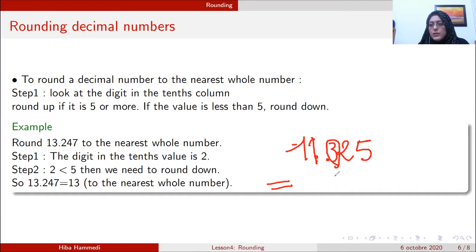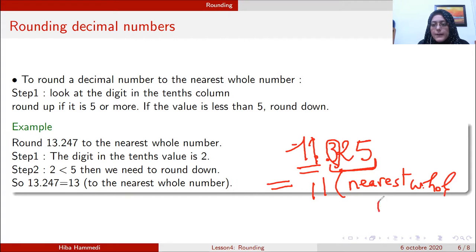So I will round down this number. It means I will write the same number before the decimal dot, 11, and I will ignore all of that, right? So the nearest whole number is equal to 11. Sorry about the handwriting. Right. So this is how to round decimal numbers to the nearest whole number. Yeah, let's carry on.